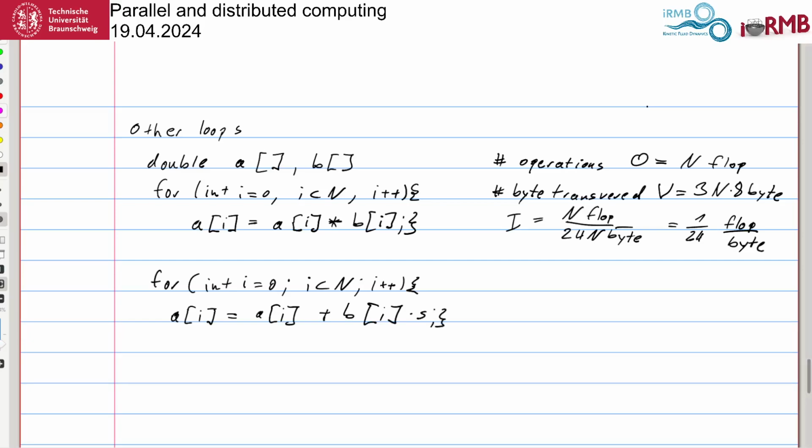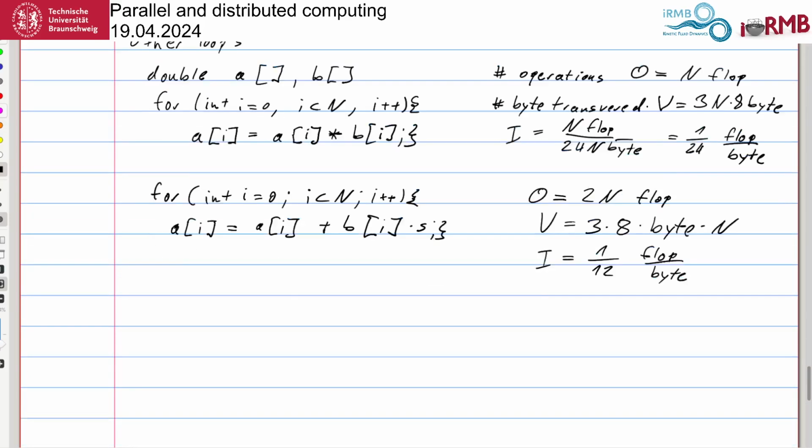Okay, simple example. O is equal to how many operations? 2n. How much traffic? 3 times 8 bytes times n. And then the computational intensity is 1/12 flop over byte.